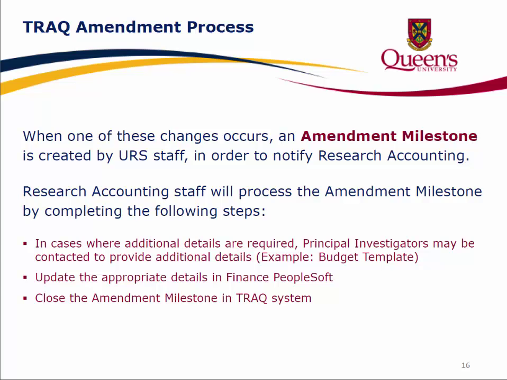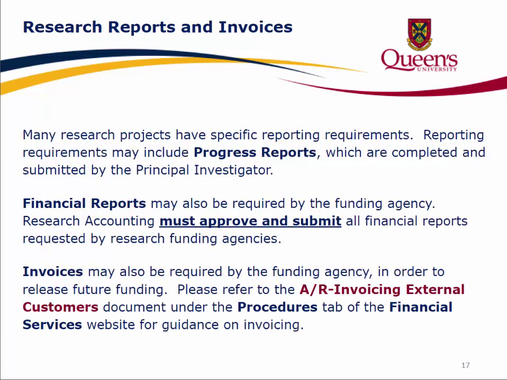For example, if additional funding has been received for an existing research project, a budget template will be requested for the increase in funding. Research Accounting will also update the appropriate details in Finance PeopleSoft before closing the amendment milestone in the track system. Many research projects have specific reporting requirements.